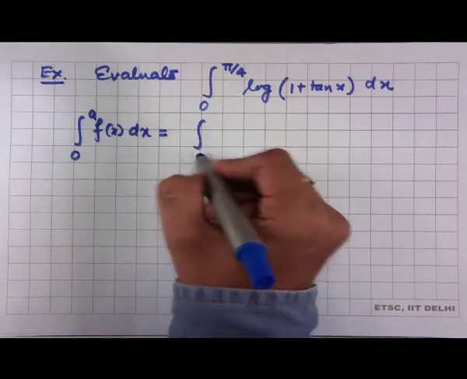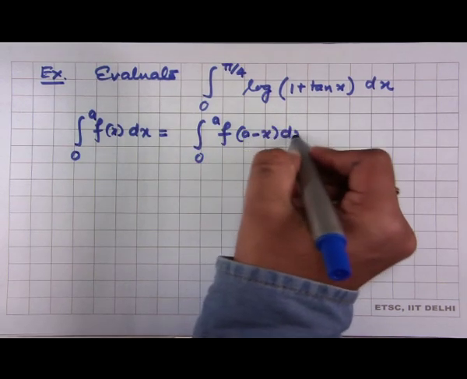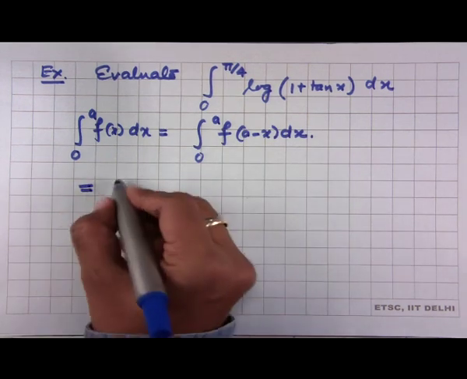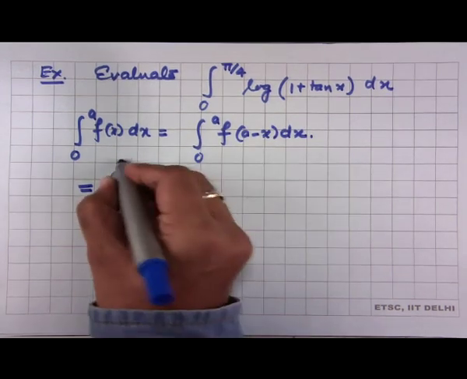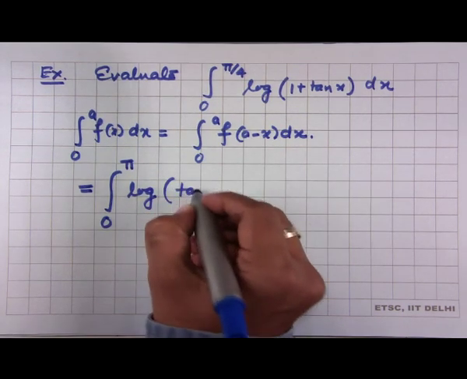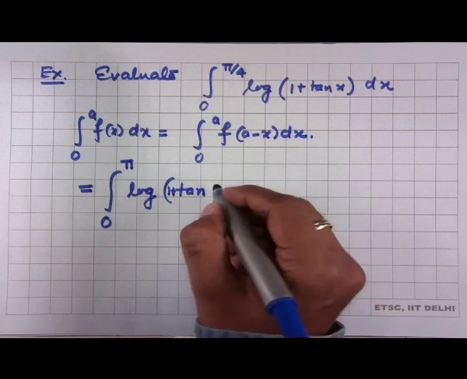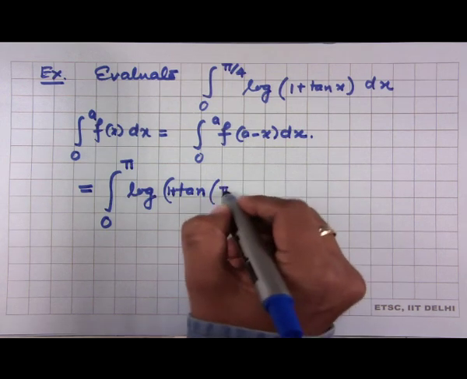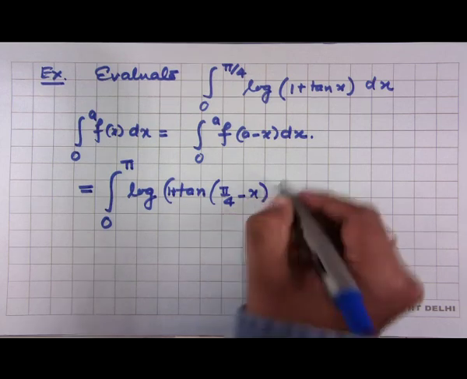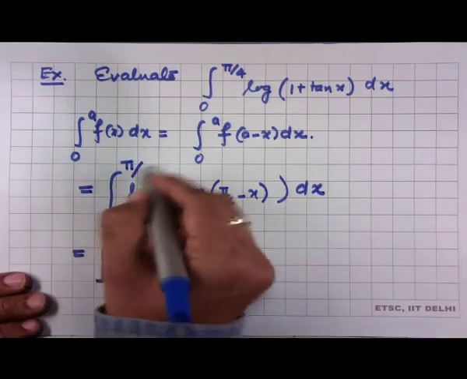This will be, so this is equal to log of one plus tan of pi by 4 minus x dx, from 0 to pi by 4.